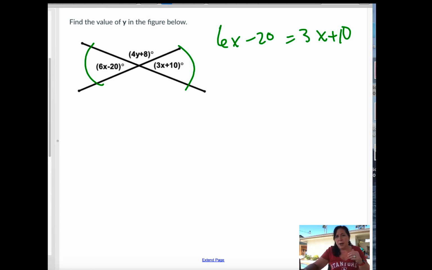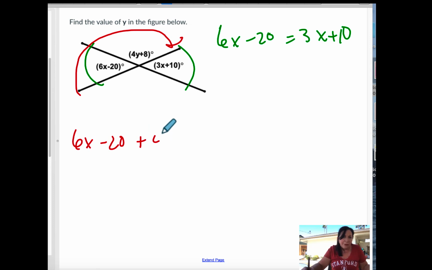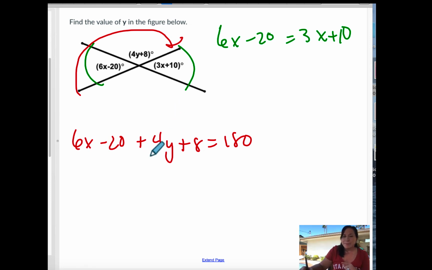However, I want to give you a heads up, because I know some of you guys are going to look at this and you're going to say, well, there's a line. I'm going to add those two up. 6x minus 20 plus 4y add 8 equals 180. But just keep in mind that if you did that, right, you've got two unknowns, right?